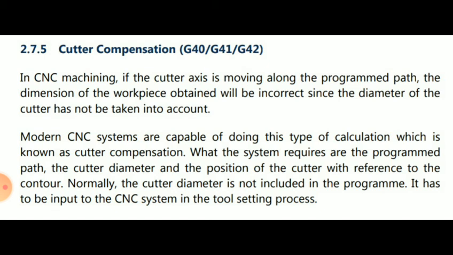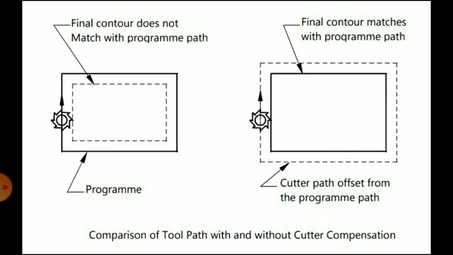What the system requires are the program path, the cutter diameter, and the position of the cutter with reference to the contour. Normally, the cutter diameter is not included in the program. It has to be input to the CNC system in the tool setting process. So you can see the comparison of the tool path with and without cutter compensation.